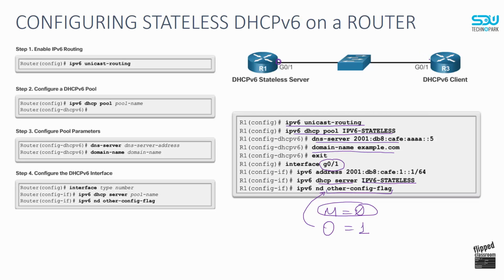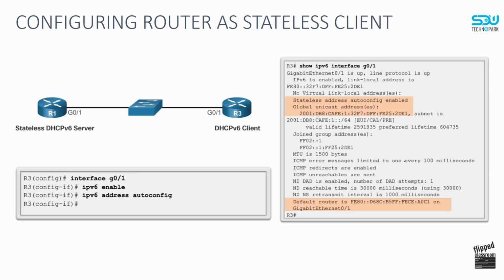So when the DHCP client tries to communicate with the DHCP server, it will say, alright, this is the beginning of my IP address, so generate your own by using your MAC address, like EUI-64. But additional information you will get from the DHCP server, and the DHCP client will contact the DHCP server.